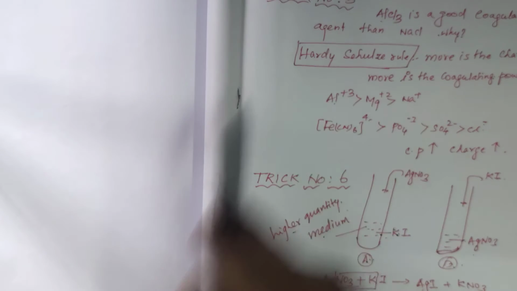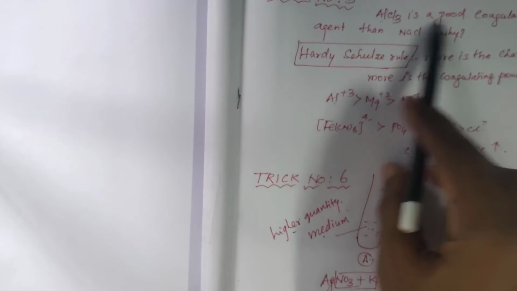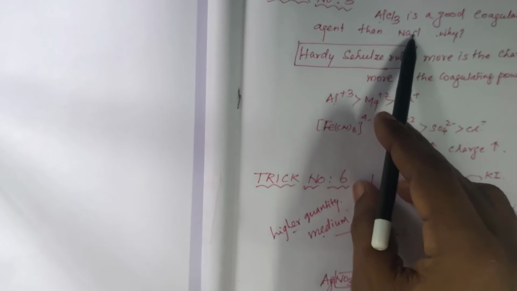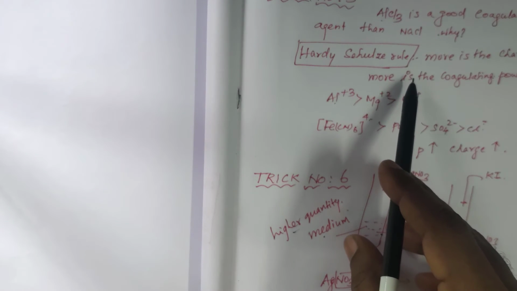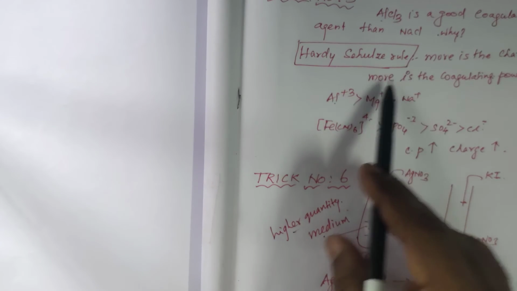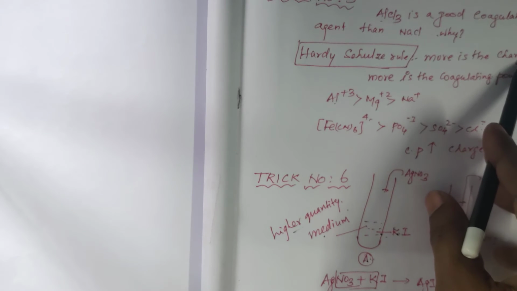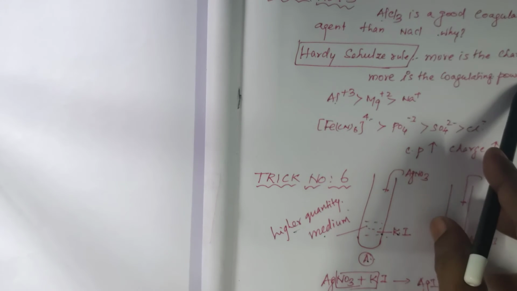Trick number 5. We already know AlCl3 is a better coagulating agent than NaCl. Why? Hardy-Schulze rule. The greater the charge of the electrolyte, the greater the coagulating power.